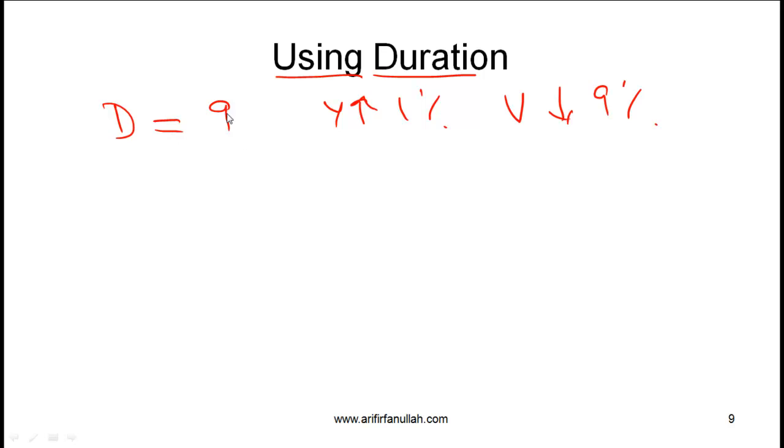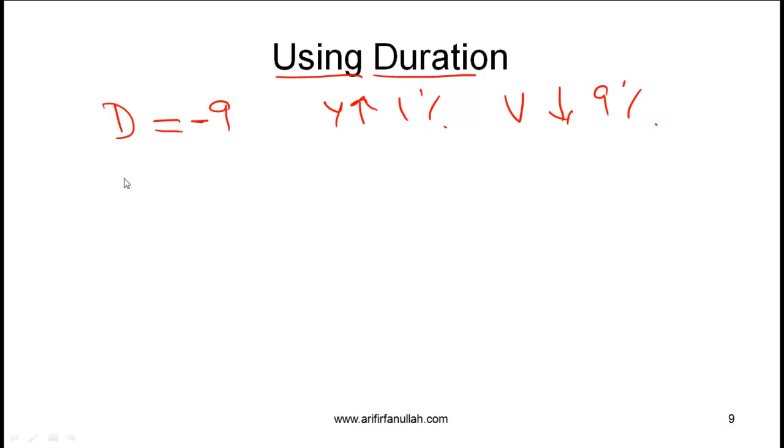So even though duration is sometimes written as a positive number, it is actually a negative number, because when yield goes up, value goes down, and when yield goes down, value goes up. So it should really be written as a negative number.